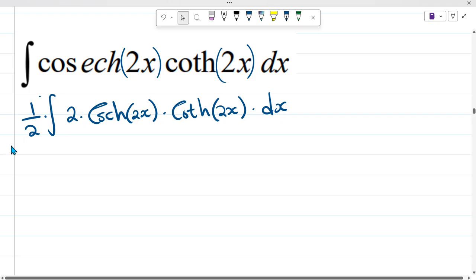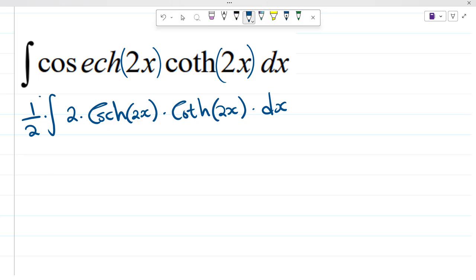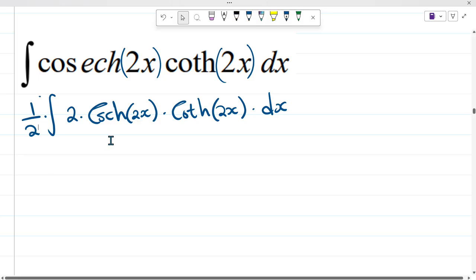So from there, you then conclude and ask yourself, what is it that was really differentiated for me to get positive hyperbolic cosec multiplied by hyperbolic cot? You understand? So what is it? You will find that it's negative hyperbolic cosec.